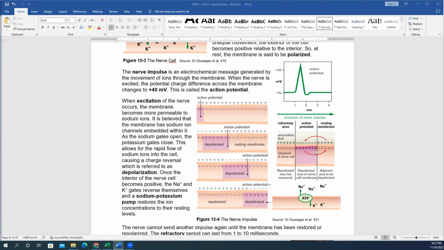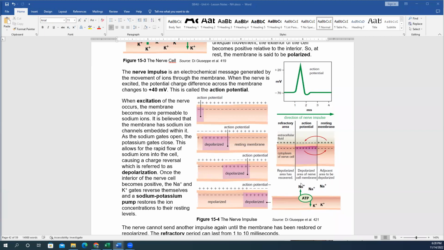Once the interior of the nerve cell becomes positive, the sodium and potassium gates reverse themselves, and a sodium-potassium pump restores the ion concentration back to its resting levels, with more sodium ions concentrated outside.